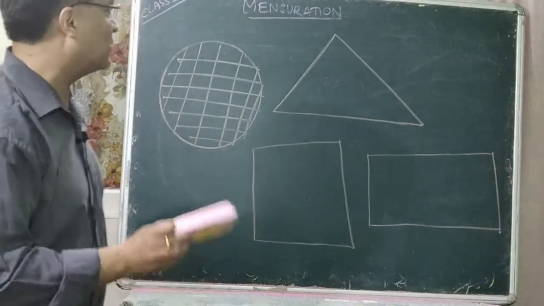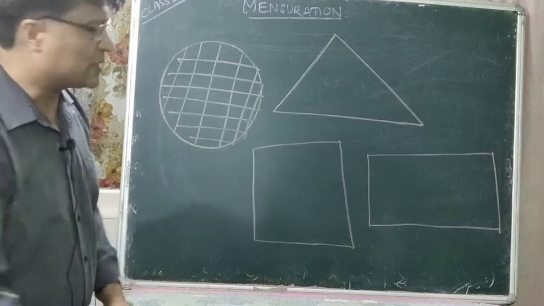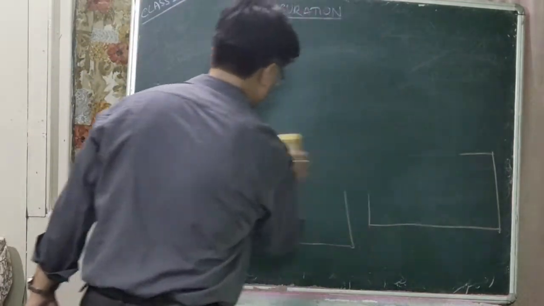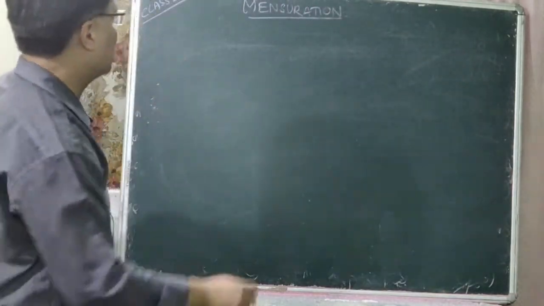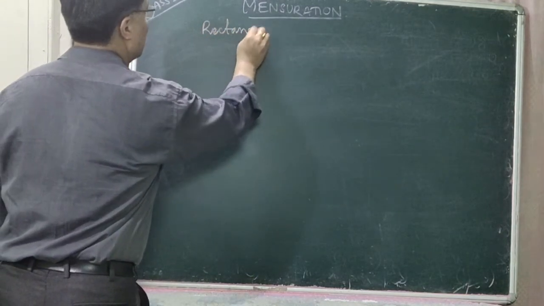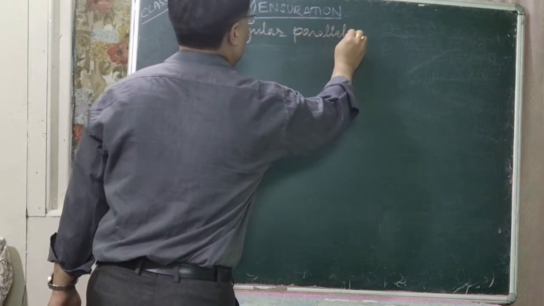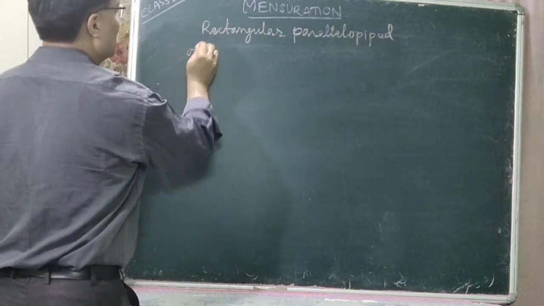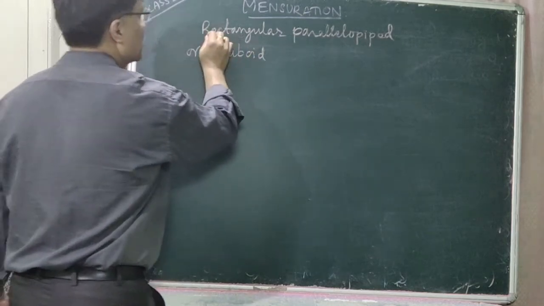Now let's start the first chapter from class 10 in mensuration, that is your rectangular parallelopiped. So now we will start rectangular parallelopiped. Rectangular parallelopiped, or it is also known as cuboid. यसलाई हामी के पनि भन्छौँ?